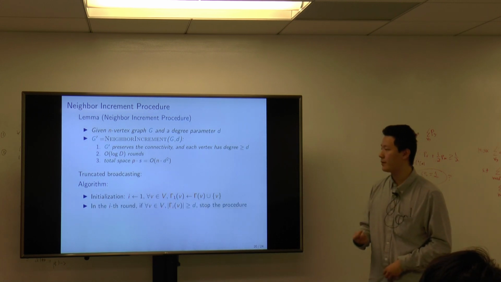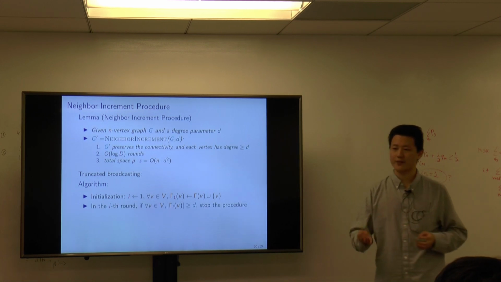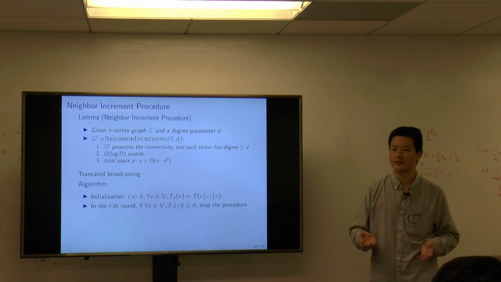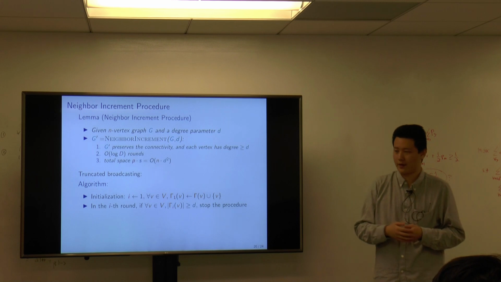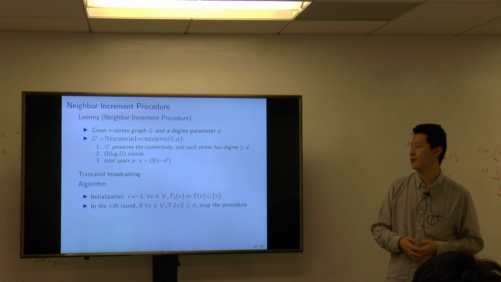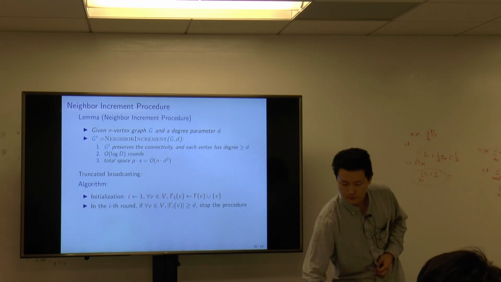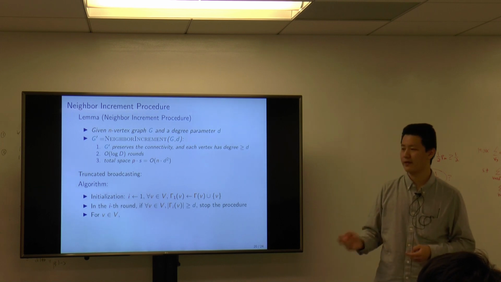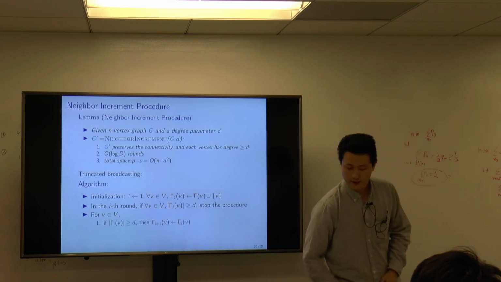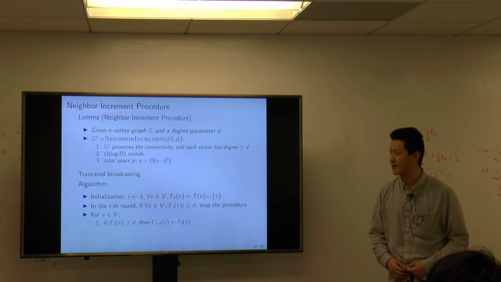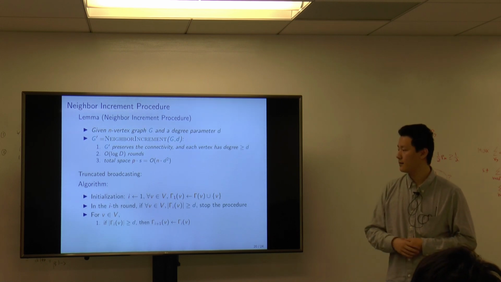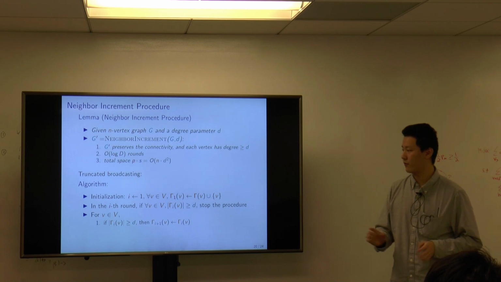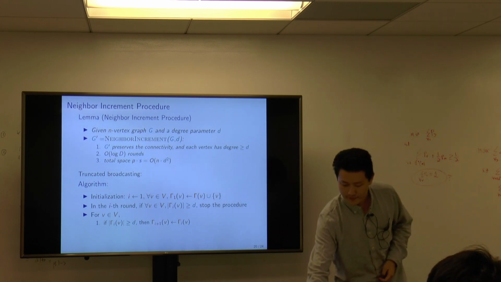And then in the ith round, if every vertex v has neighbor set size at least d, then we can just stop the procedure because it already satisfies the requirement. Otherwise, we check each vertex v. If the vertex v has a neighbor set of size at least d, then we just do nothing for this vertex.